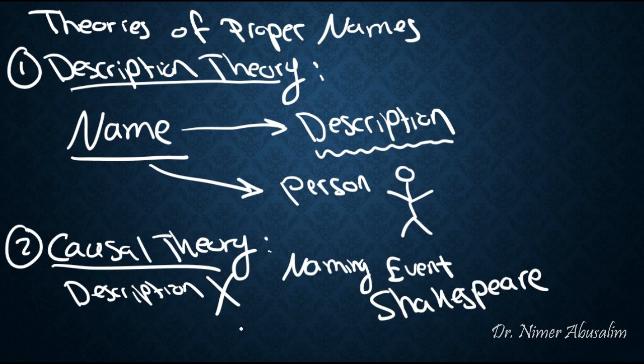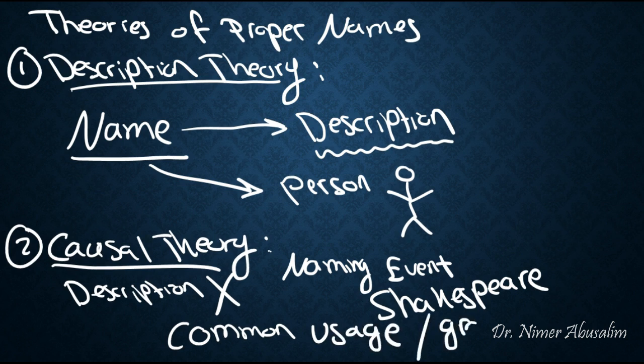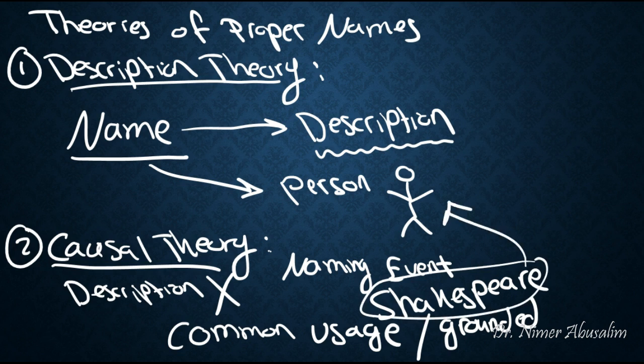As the days go by, the use of the name Shakespeare becomes common usage. It becomes grounded into our everyday language use. Therefore, even if the description of Shakespeare has changed, the relationship of the name Shakespeare to the actual person will not change, because it was never dependent on the description of that person in the first place.